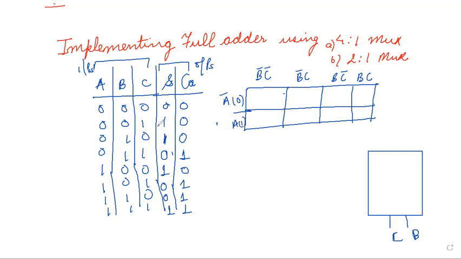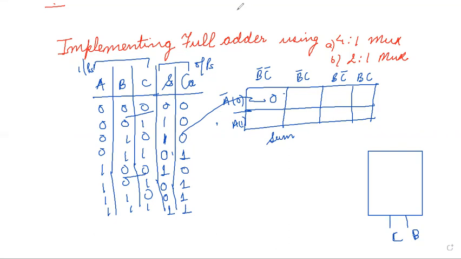So for B C bar, if we go for the truth table, this is the combination first, and this is the second. So corresponding to first row and the fifth row. So in the first row, A is going to be 0. What is the value of sum here? So first we are going to draw this table for sum.